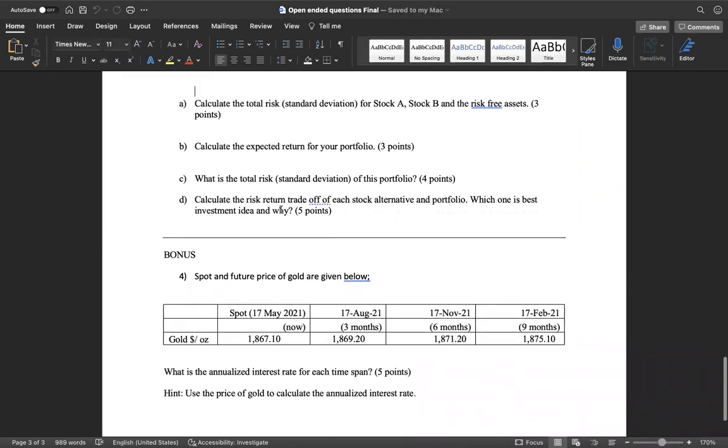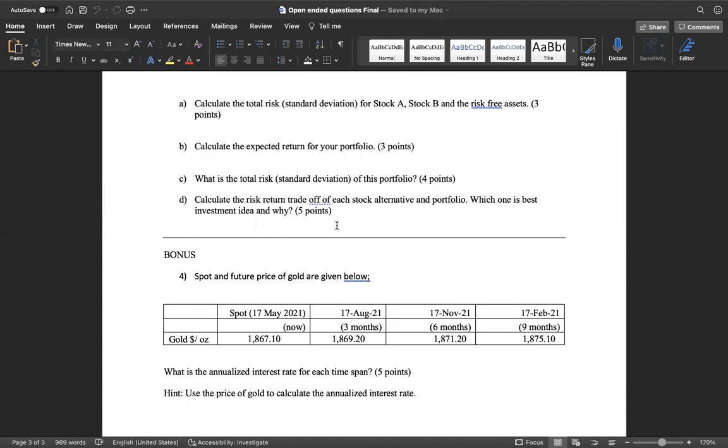And the last part, calculate the risk-return trade of each stock alternative and portfolio. Which one is the best investment idea and why? Risk-return trade of portfolio or stock, you know that it is the calculation of coefficient of variation.